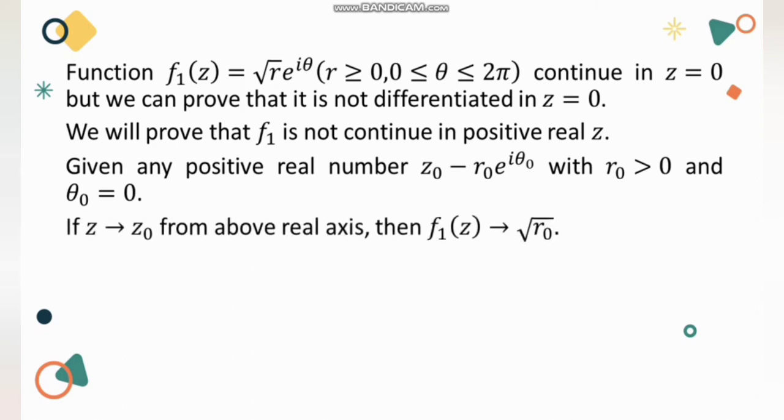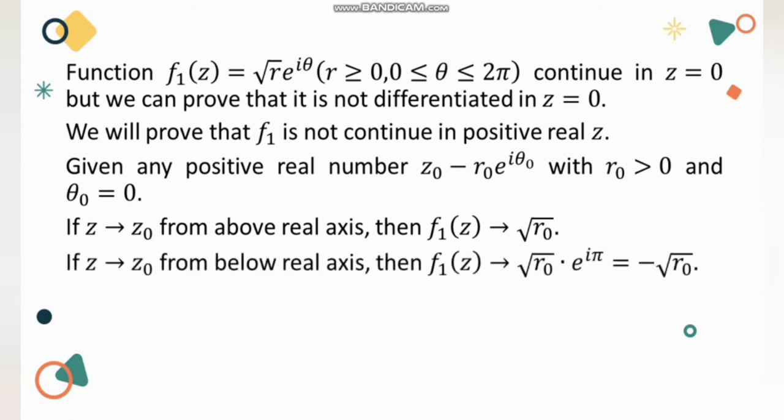If z approaches z0 from above the real axis, then f1(z) approaches the square root of r0. If z approaches z0 from below the real axis, then f1(z) approaches square root of r0 times e to the power i π, which equals negative square root of r0.